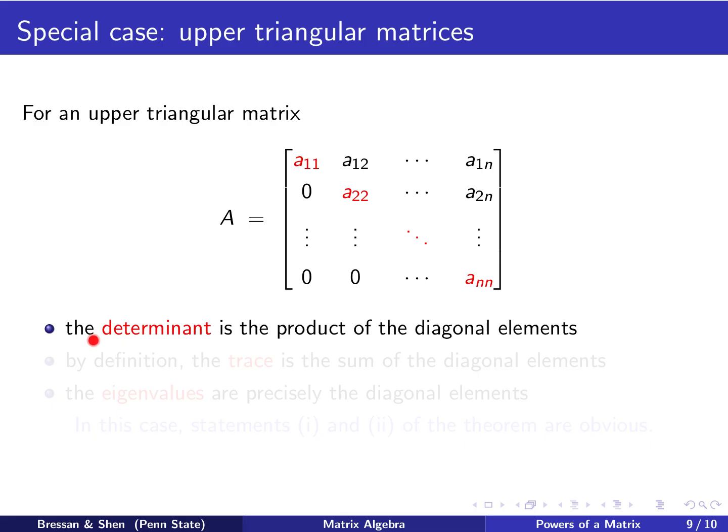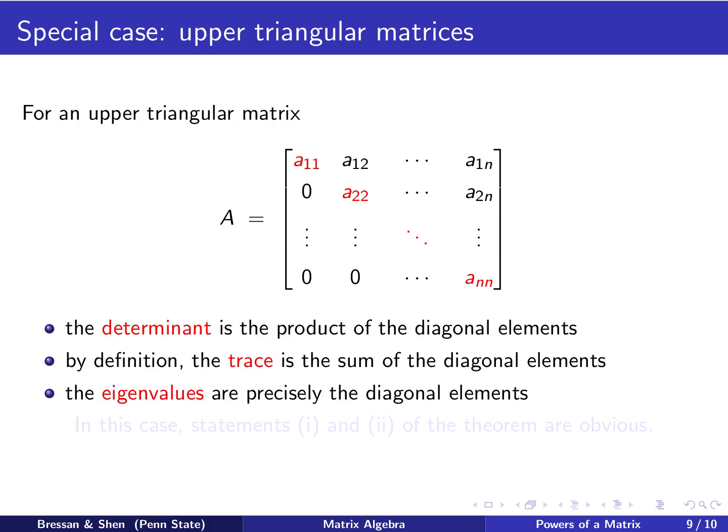First, the determinant is the product of all the diagonal elements. Then, by definition, the trace is the sum of all the diagonal elements, which are in red here. And furthermore, the eigenvalues are precisely all the diagonal elements.